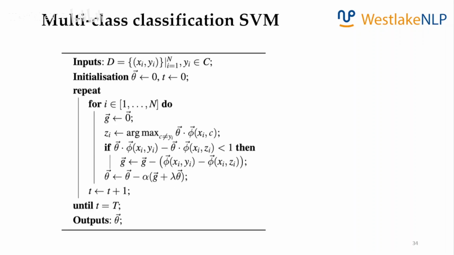We iterate through all the training examples from a random model, and we find the model output. If the output doesn't satisfy a score margin, then we perform a model update by adding the gold feature vector to the parameter vector and subtracting the incorrect model output feature vector from the parameter vector. Very, very similar to perceptron, reminiscent of what we learned last week.